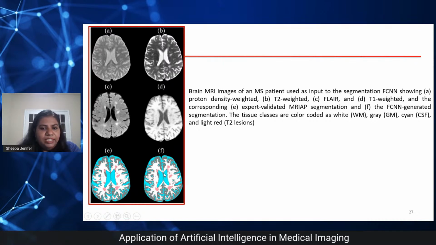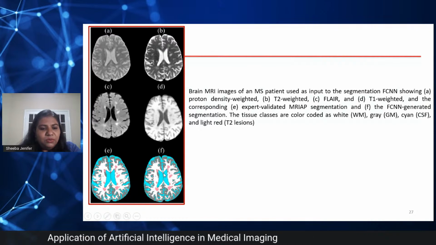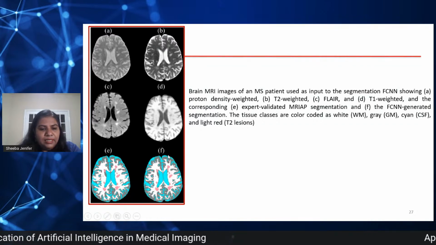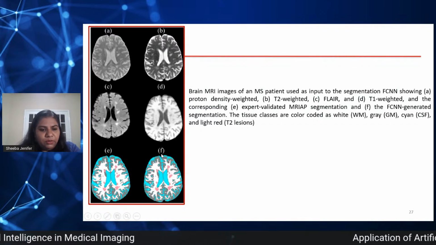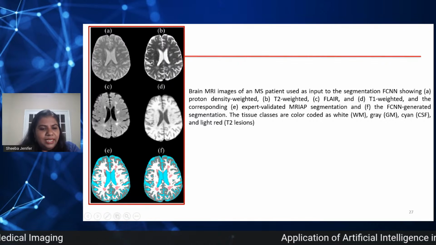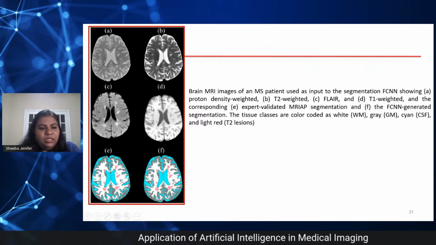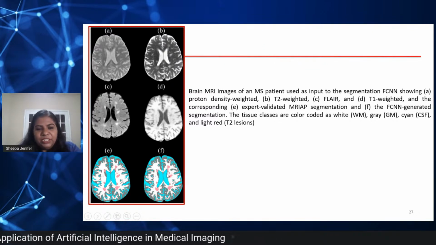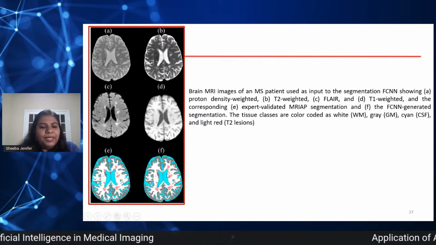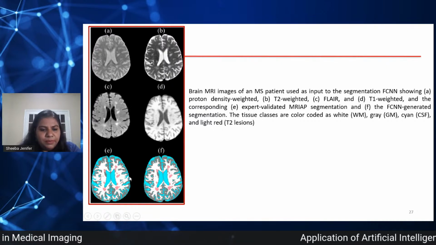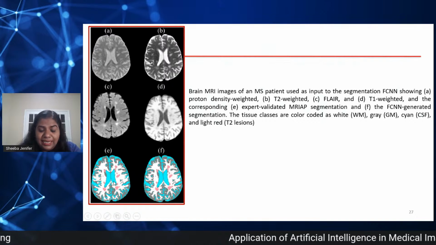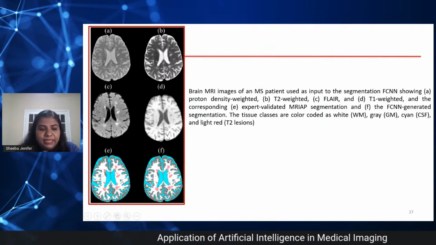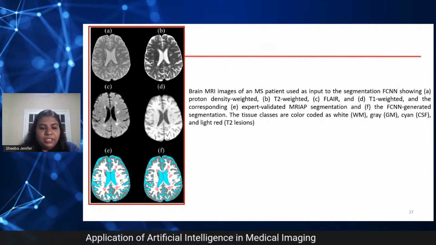And surprisingly, if you look at F, this is what is marked by the convolutional neural network. It performs exactly like a radiologist. After training the model, if you compare human segmentation and machine segmentation, the machine performs at least the same, or in many cases better than human segmentation.